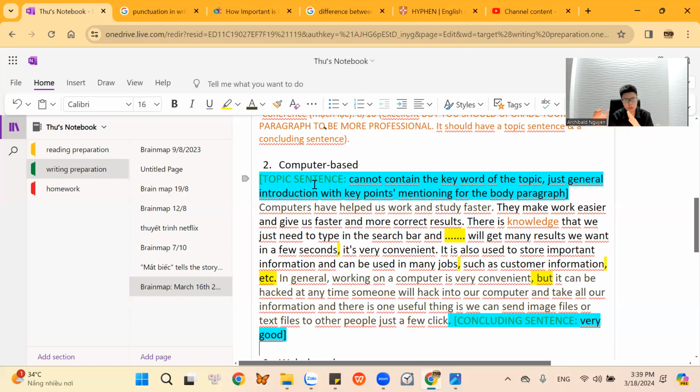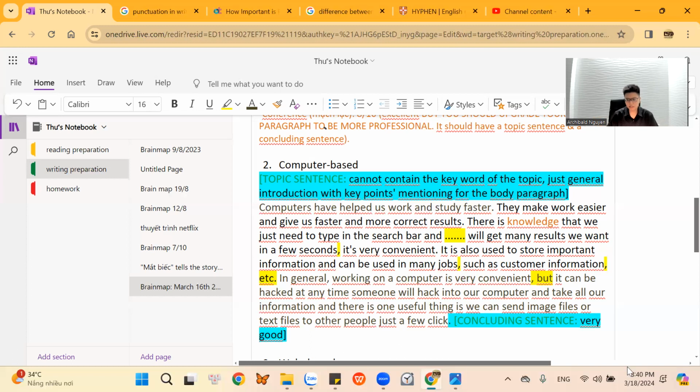Second, you should have a demonstration of the exact number of key points: how many key points you are going to write in the body paragraph, and what they are. You should give the names first. So that is how to make a topic sentence.